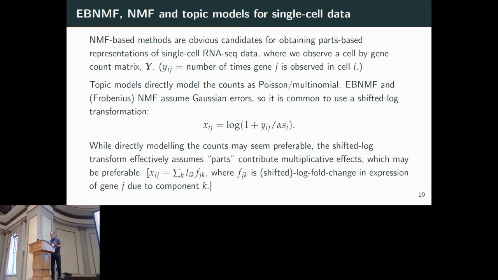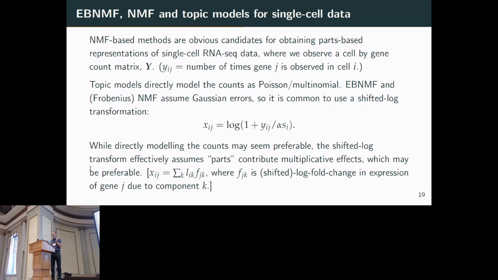Okay, so I'll just mention that while statistically it feels much cleaner to directly model the counts, something more subtle is going on here as well, because it depends what you're assuming is additive. In the topic model, it's the mean of the counts that you're assuming is adding up. So you're decomposing that mean, but it might actually make more sense to assume that components act multiplicatively.